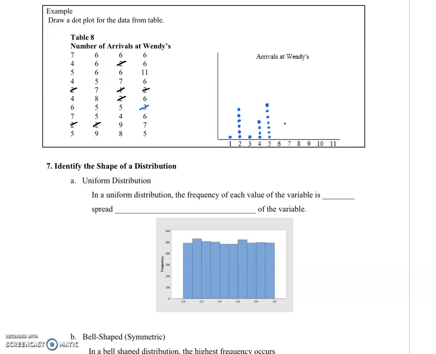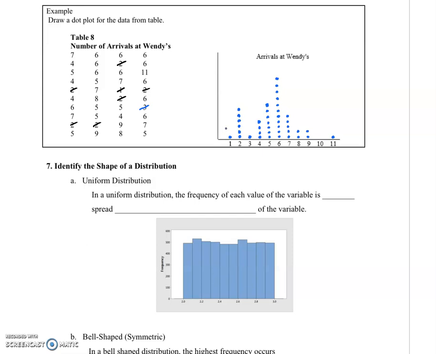There are 11 6s. Five 7s, 2 8s, 2 9s, no 10s, and 1 11.